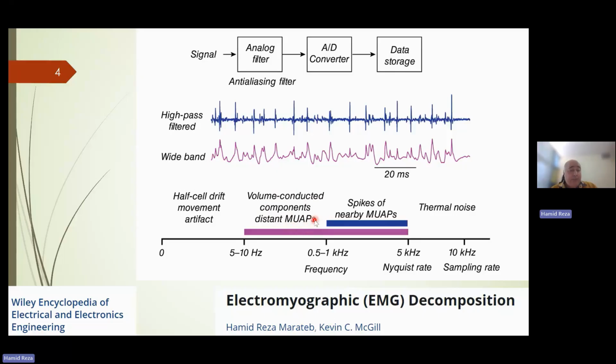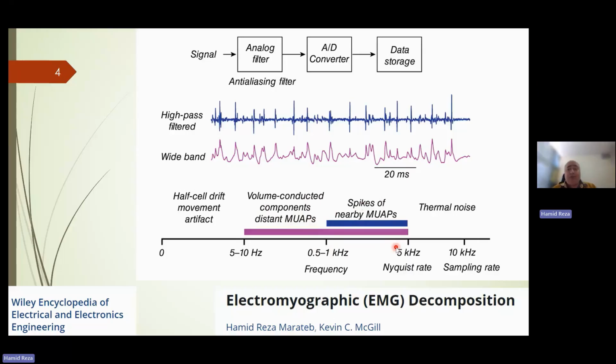So in intramuscular decomposition, we usually use a high-pass filter with a cutoff frequency between 500 hertz and 1 kilohertz. Then we have the spikes of nearby motor unit action potentials from 1 kilohertz to 5 kilohertz.